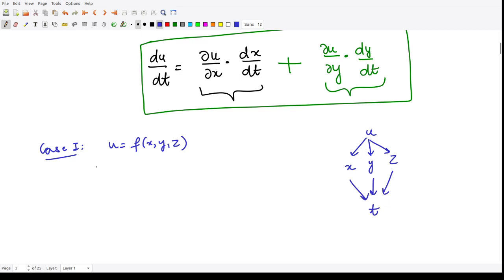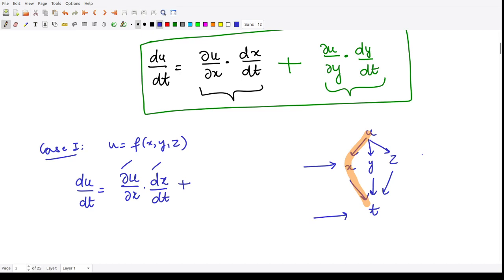Now in this case, I want to calculate du by dt. So firstly I'll take the derivative of u with respect to x and then go to t. So this is one possible way. That is, I'm taking the partial derivative of u with respect to x and then the complete derivative of x with respect to t. The logic for this partial and complete derivative lies in the fact that at this level we have 3 variables, whereas at this level we only have 1 variable.